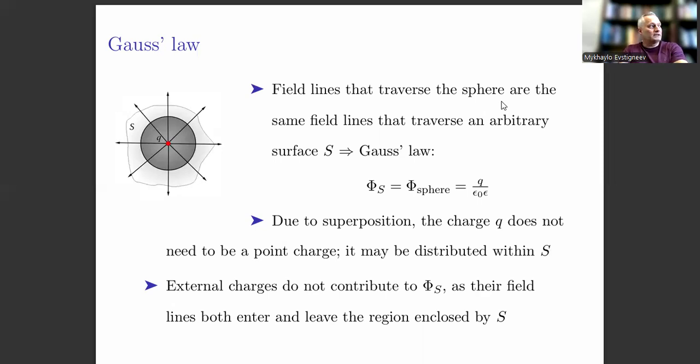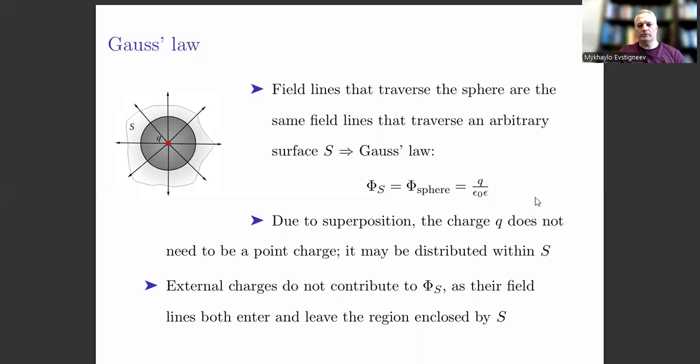And that means that the total flux through a closed surface equals the ratio of the total charge inside, enclosed by that surface, divided by the electric constant of the material, epsilon naught epsilon, in the medium in which those charges are located. So this is our Gauss's law.